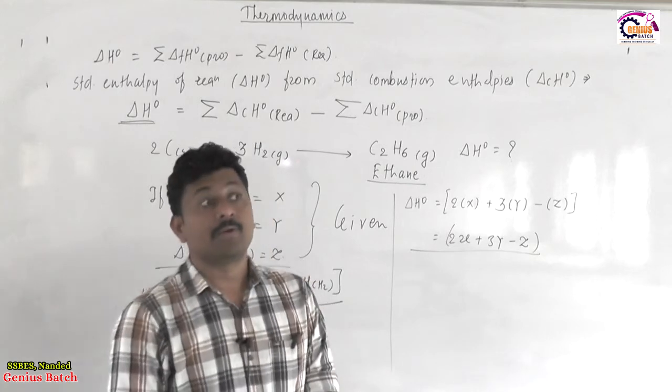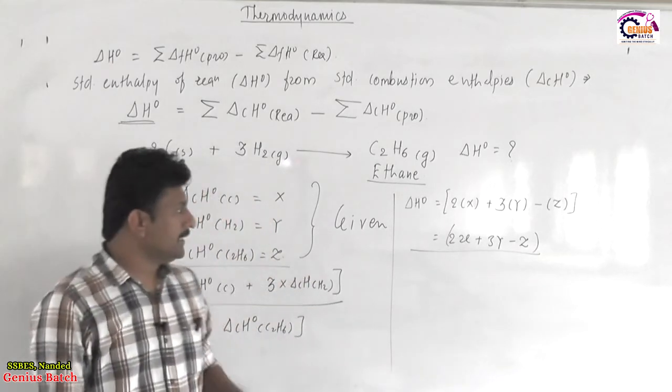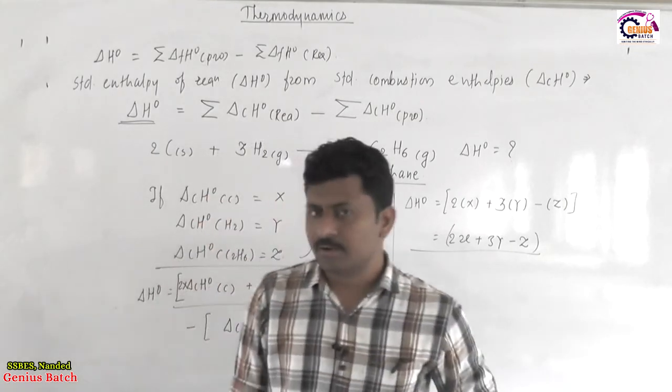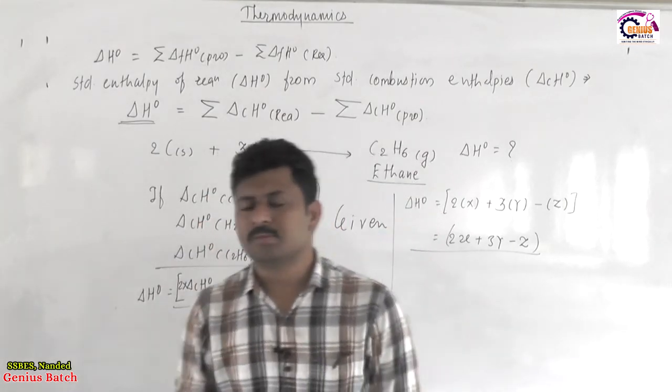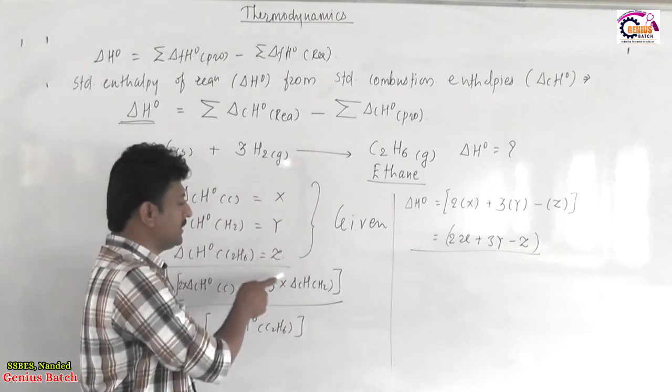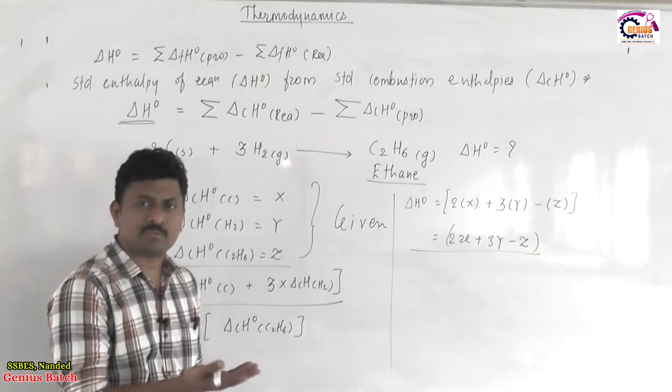Okay. Now what we need to get here is, in this example we considered that enthalpy changes are x, y and z. In actual problems these values will be given as 320, 546, 337, some values will be there.